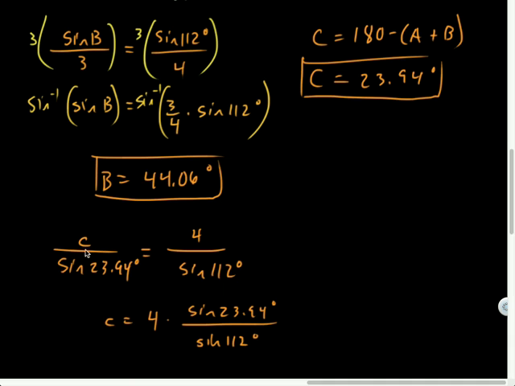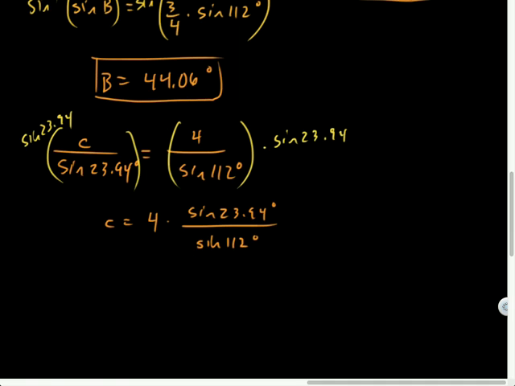Because to get c by itself here, you'd have to multiply both sides by sine 23. I think you guys agree. So c is going to be about 4 times sine of my second answer. Conveniently, it's the last thing in my calculator. Divided by sine of 112, close parentheses, and I get 1.75.